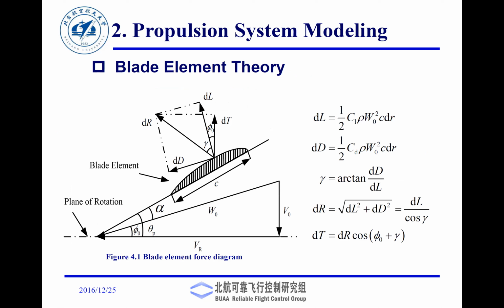This is called the blade element theory. The blade element theory in the case of rotorcraft and in the case of fixed wing is slightly different, because if you visualize a rotorcraft, a quadcopter or a helicopter, you have this blade that is slicing the air.